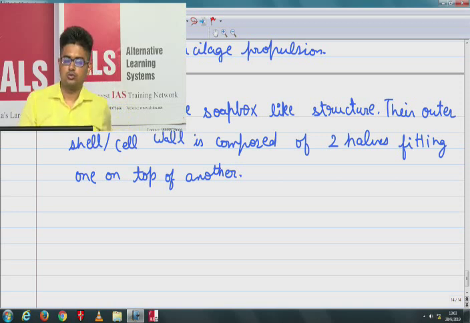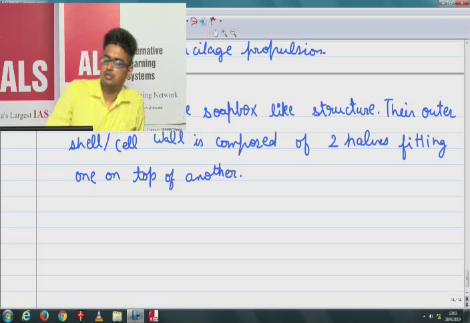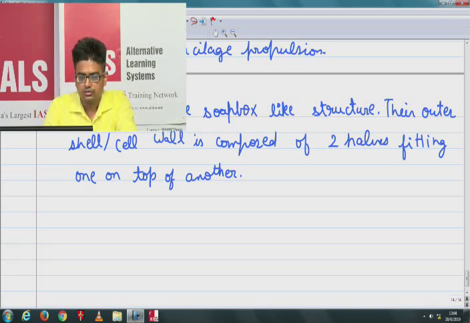Okay, so two halves fitting one on top of another. This is called soapbox-like structure.